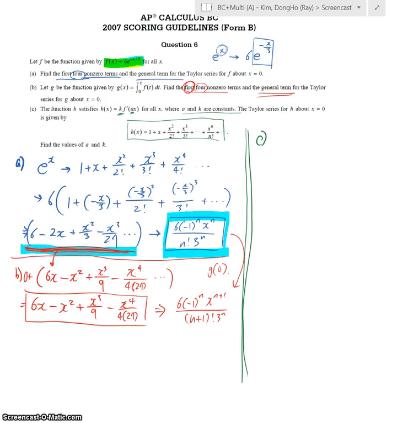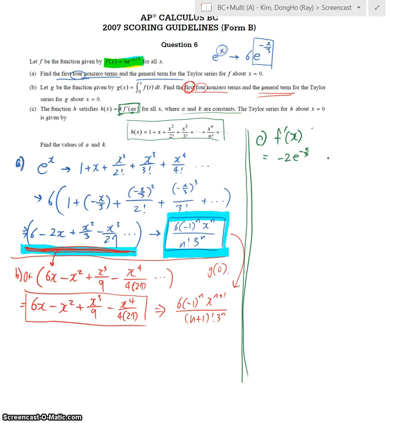First, I'll differentiate f of x, because h of x is based on f prime of x. So let's get the general form. This will end up being that.